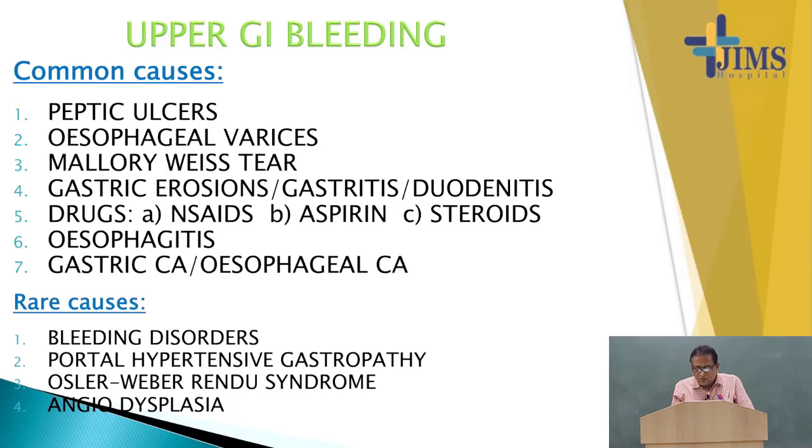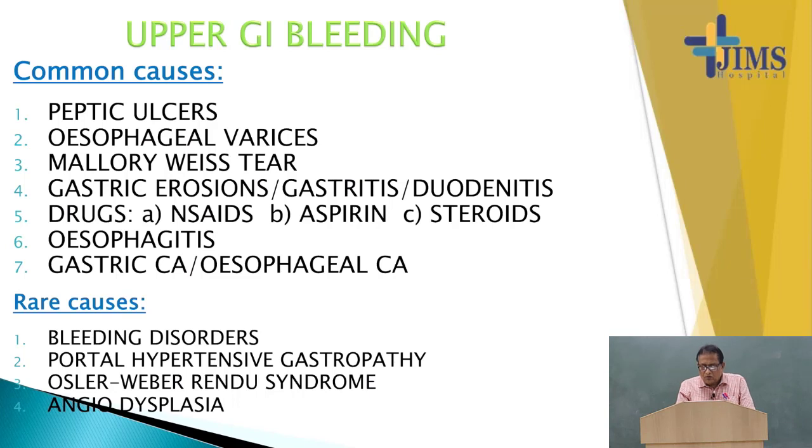Then it may be due to gastric erosions, gastritis or duodenitis, and some drugs, particularly non-steroidal anti-inflammatory drugs and aspirin, and sometimes steroids that can give rise to bleeding. Then the diseases of the esophagus, esophagitis, gastroesophageal reflux, gastric carcinoma and esophageal carcinoma.